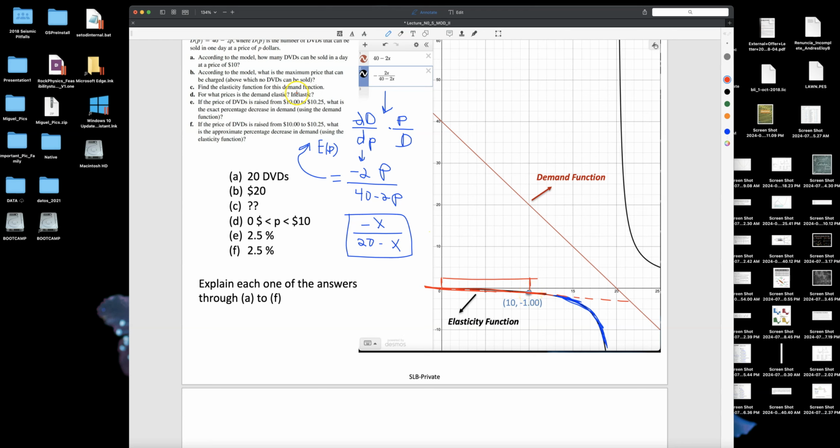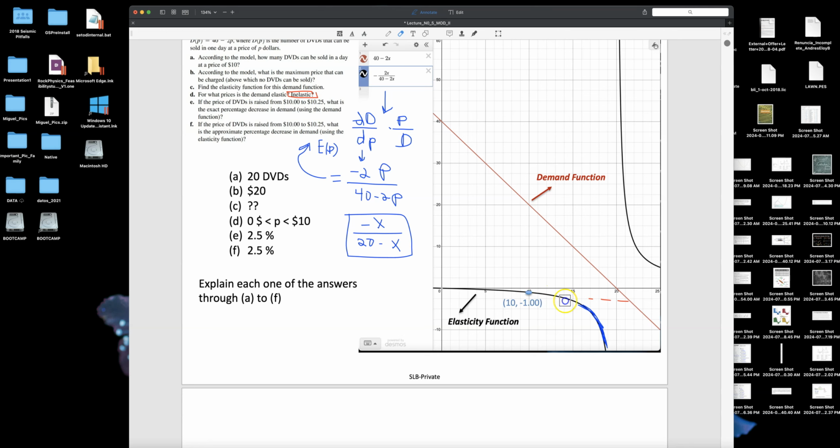And when is it inelastic? From $10 and above it behaves like the blue curve, which is no longer a linear function. So in that range, it's going to be inelastic. Okay, perfect.